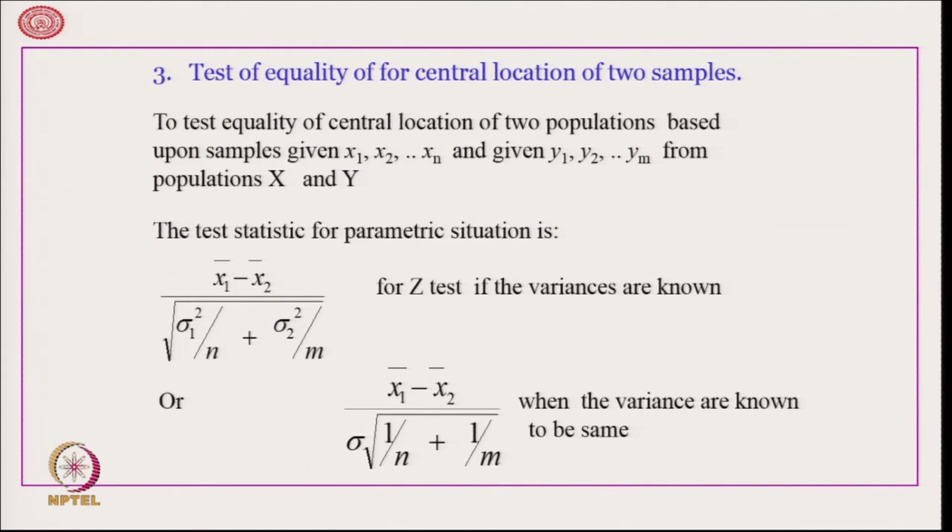So far, the two tests that we said were one sample, but now the motivation is to compare the central location of the two populations from where x and y have come. So, in order to do that, what do we do? We take samples x1, x2, ..., xn and y1, y2, ..., ym, say from the x and y populations.